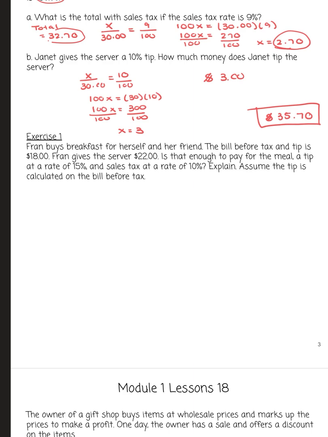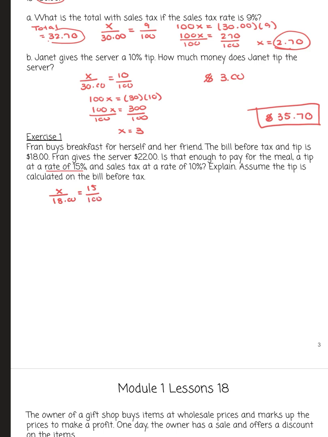The first thing they ask is, does she have enough to pay for the tip at a rate of 15%? So the first thing we're going to look at is the tip. We're going to calculate that tip. So we have x over 18 is equal to 15 over 100. 100x is equal to 15 times 18. 100x is equal to 270.